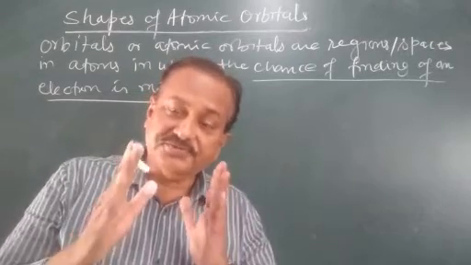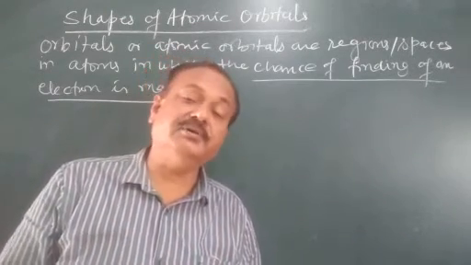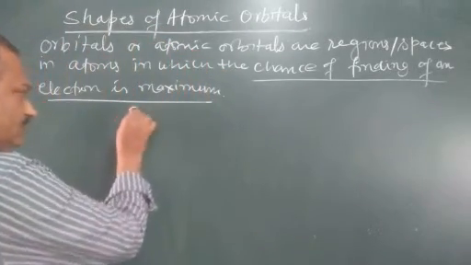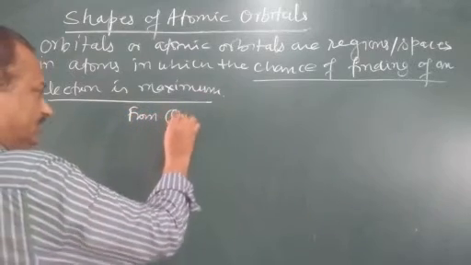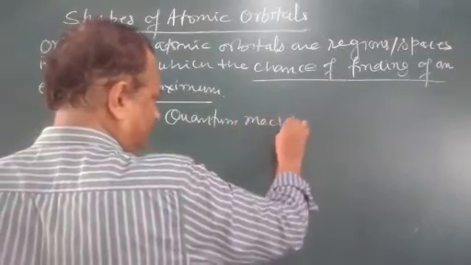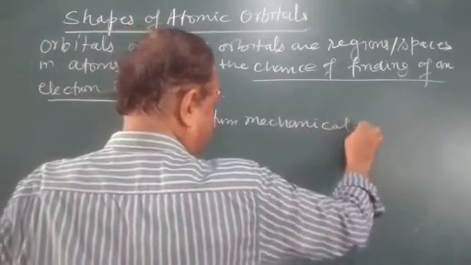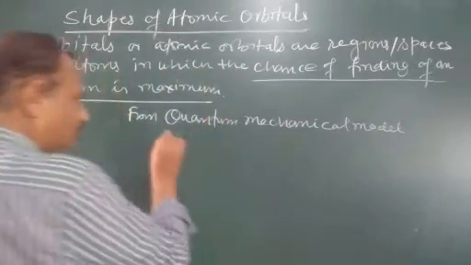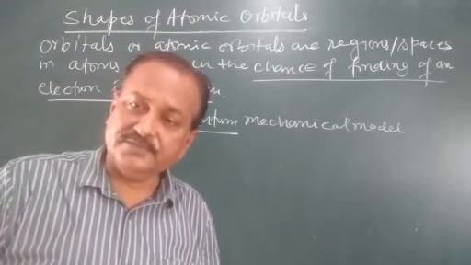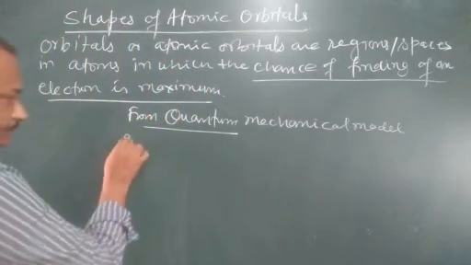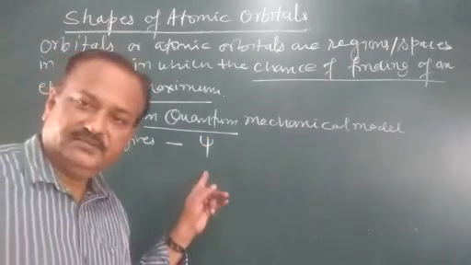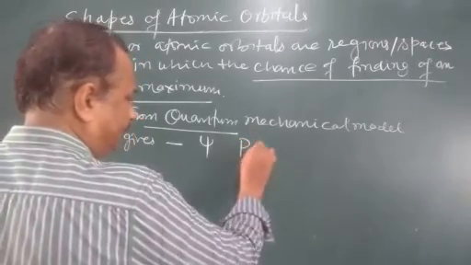You have seen about the quantum numbers, you have seen about the Schrodinger wave equation, and in Schrodinger wave equation also, from the quantum mechanical model, which is explained by Schrodinger wave equation, it gives psi. You know this function, it is called as psi.